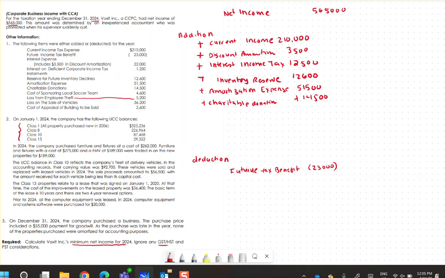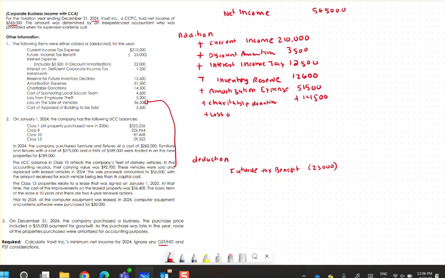Now this one is loss on a sale of vehicle, which is 36,200. In this case, I am connecting that to my vehicles. Let's look at where my vehicles are. I see that's a class 8. These two are connected.